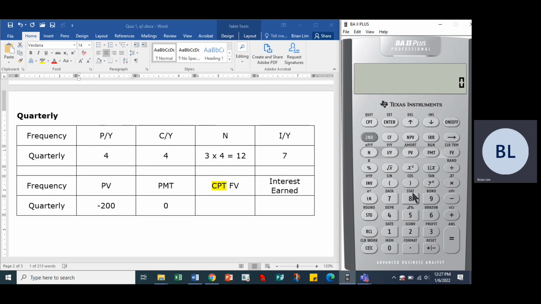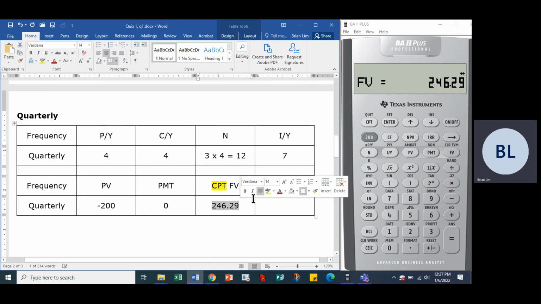All right, 0 is the payment. We're not making any periodic payments such as quarterly. We're not putting in money 4 times per year. All right, so now we compute future value and we get 246.29. So let's enter that number here, 246.29. All right, we can highlight it in green as indicating it's an answer.